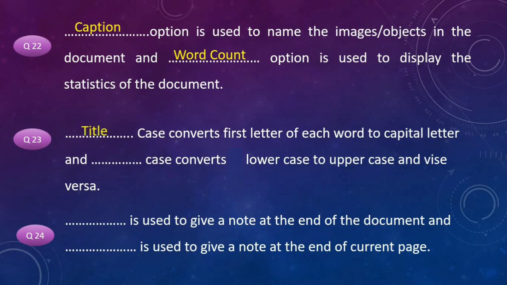So title case, which is also called as capitalize each word, converts first letter of each word to capital letter and dash case converts lowercase to uppercase and vice versa. Toggle case. Next answer. Endnote is used to give a note at the end of the document and footnote is used to give a note at the end of current page.